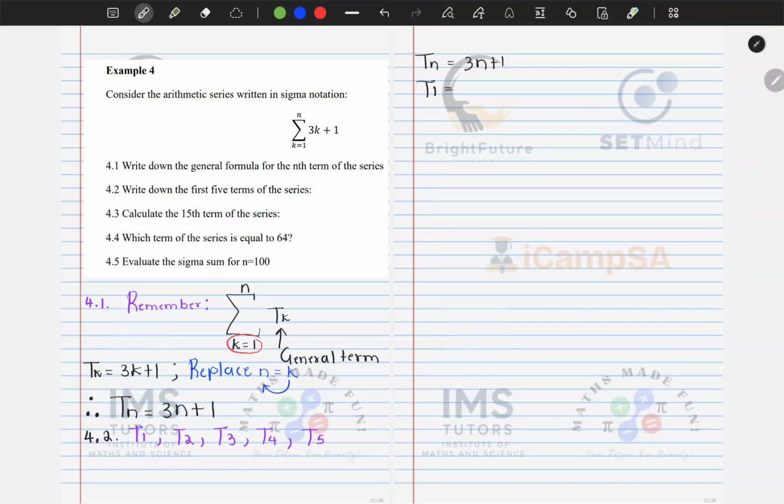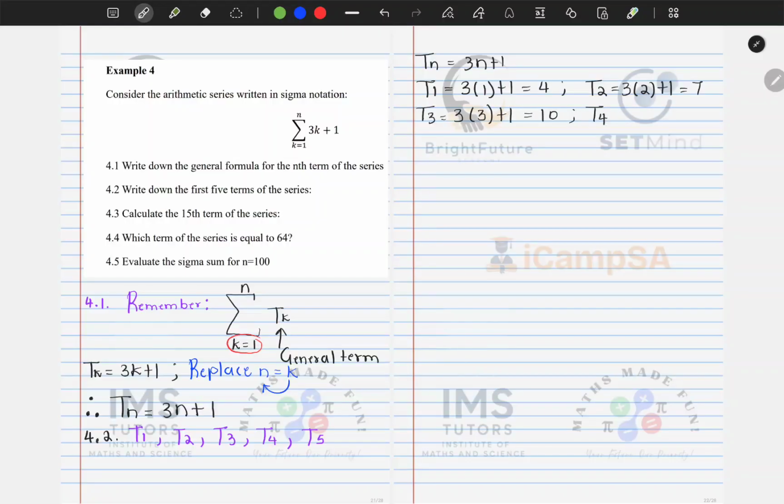So if I'm looking for T1, it will be 3 into 1 plus 1, which will give us a 4. And then if I'm looking for T2, that will be 3 into 2 plus 1. That will be a 6 plus 1, which will give us a 7. Then if I need T3, it will be 3 into 3, which will be a 9 plus 1. That will give us a 10.